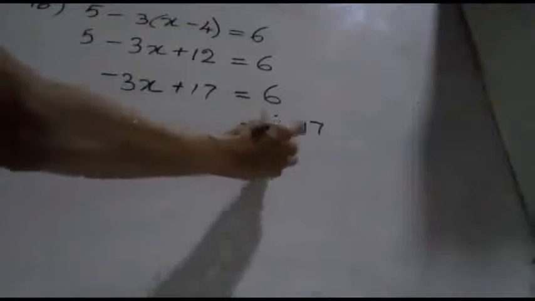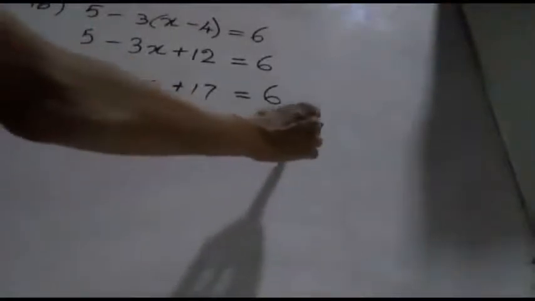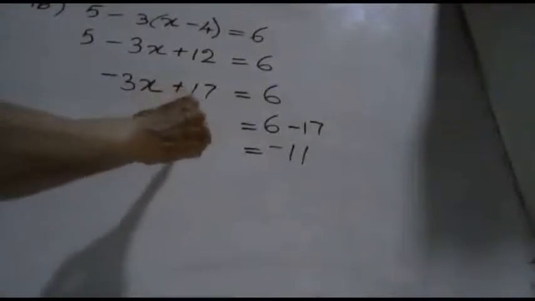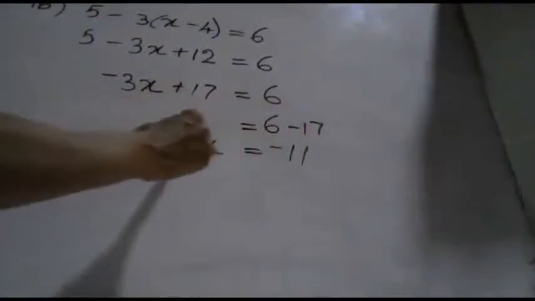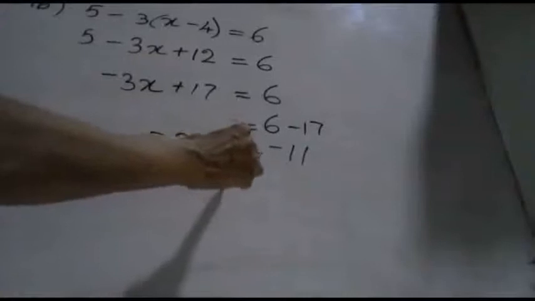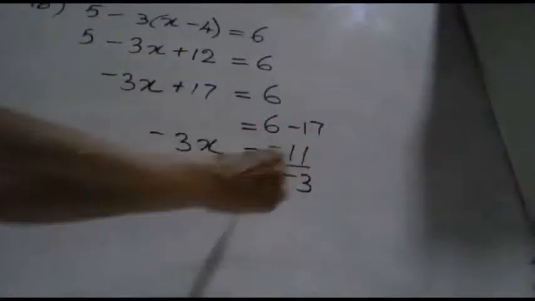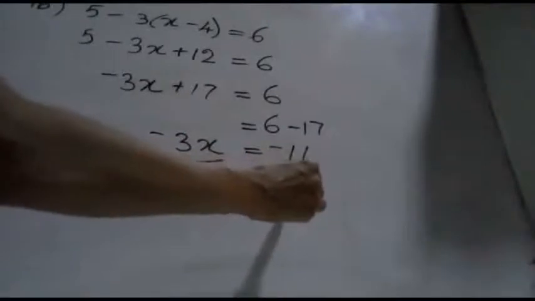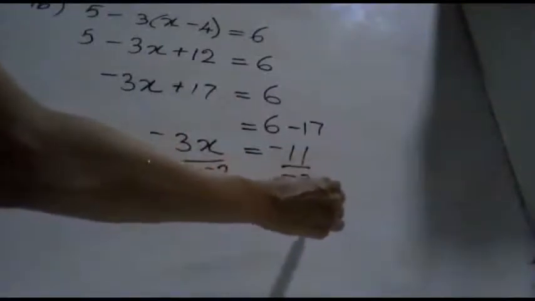Six subtract from 17, it is equal negative 11. Negative 3x is equal negative 11. Both sides divide by negative 3. X is equal 3 and 2 over 3.